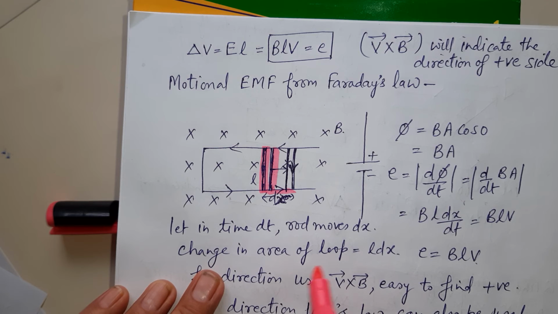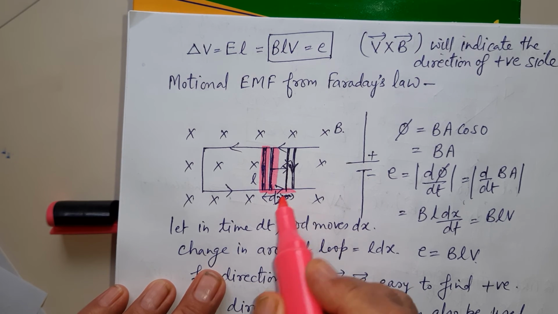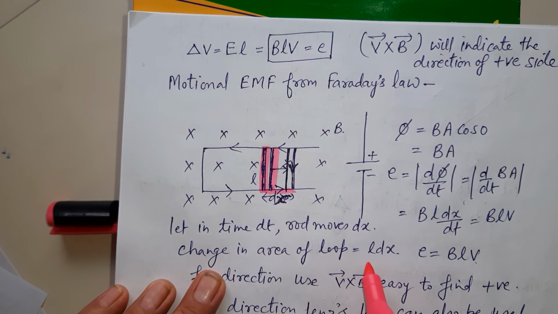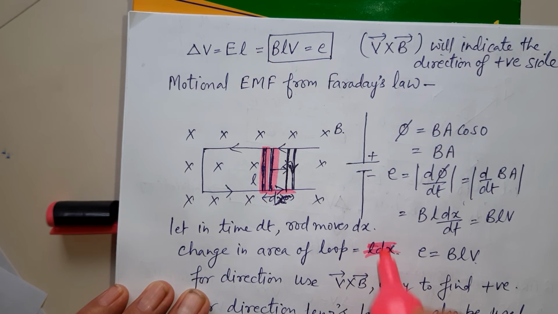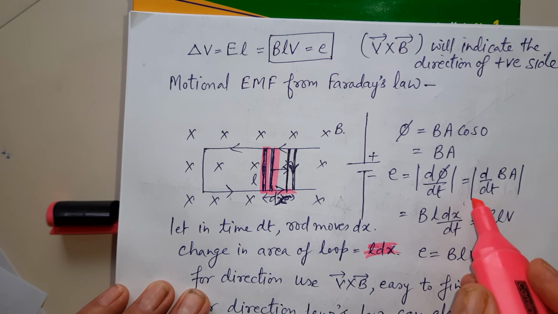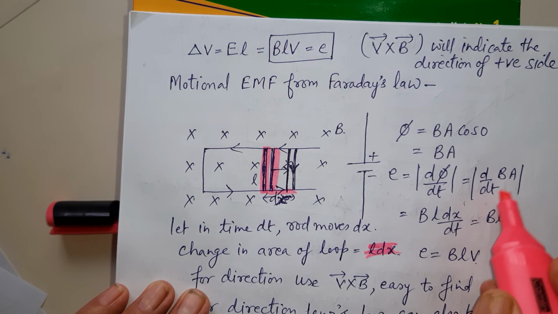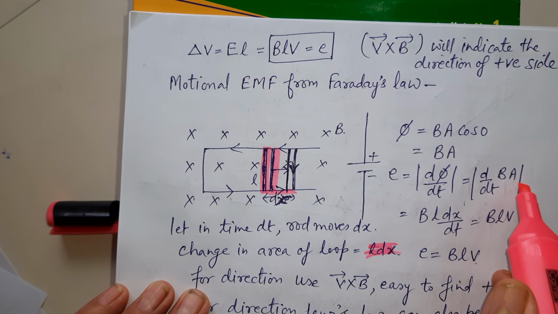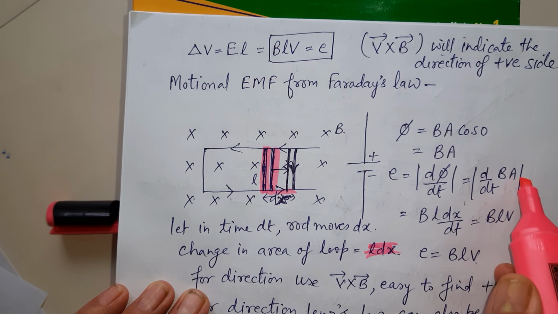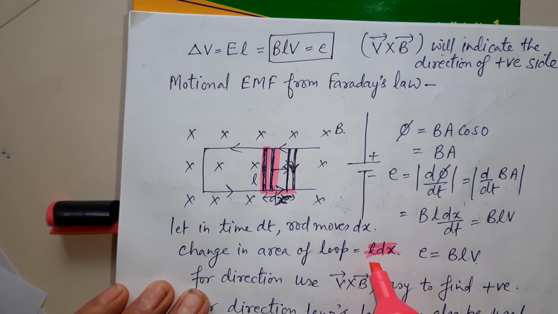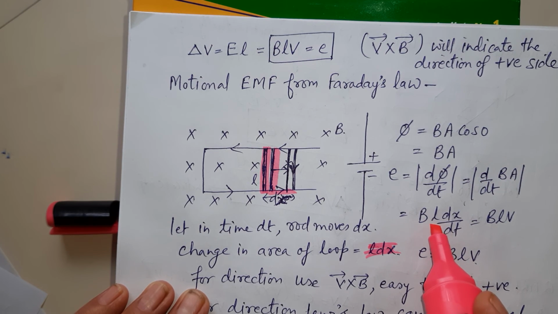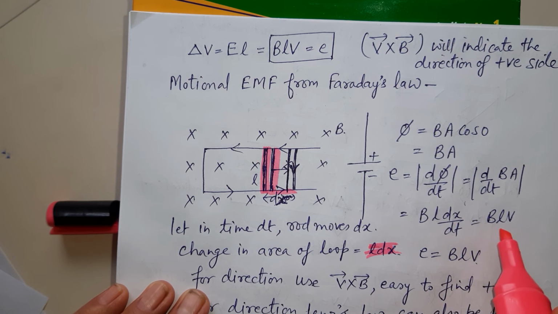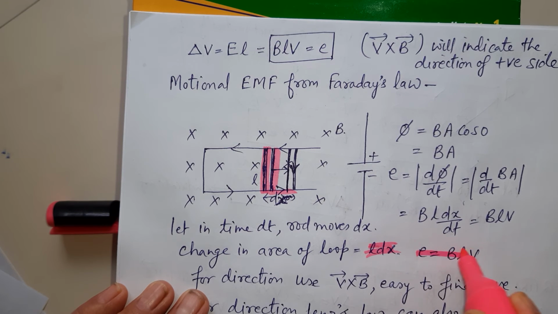The change in area of the loop will be L dx. So when we take d by dt of B times A, B is constant, and in dA by dt we write L dx by dt. L is outside, dx by dt is V. Again we get BLV. So the induced EMF is equal to BLV.